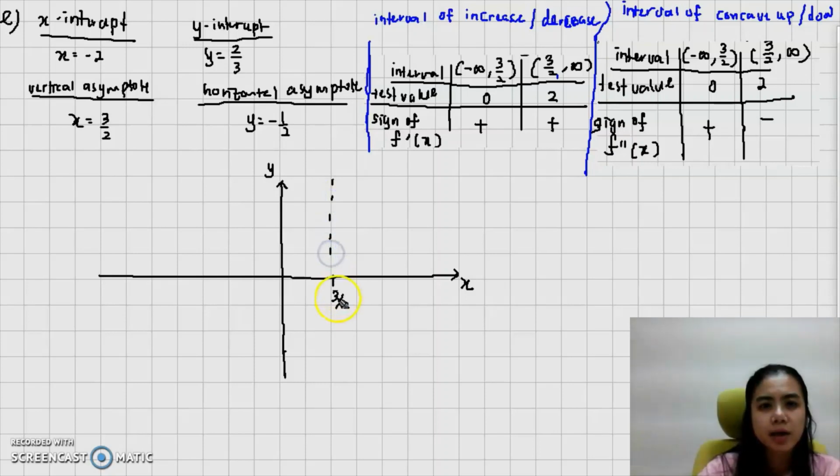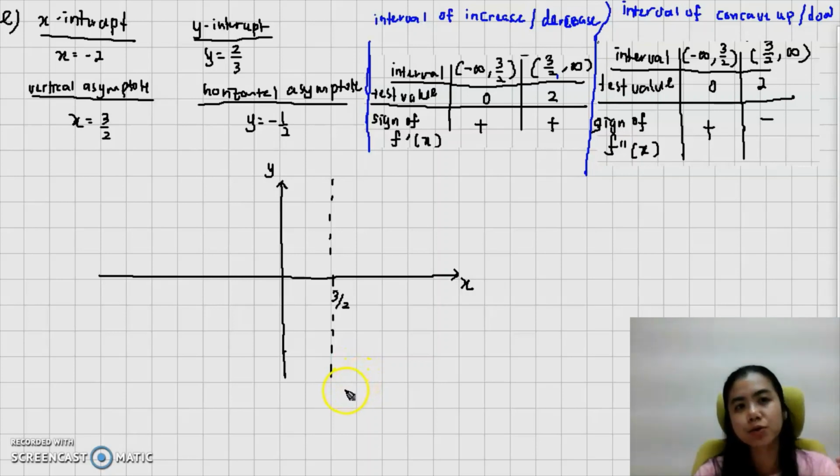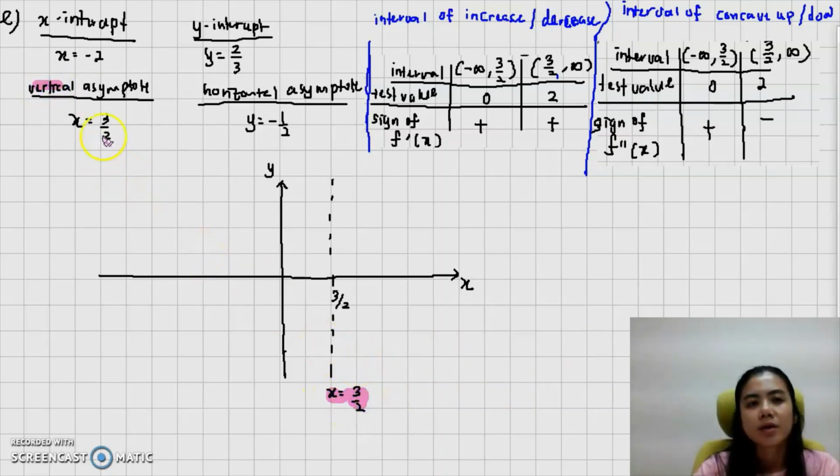The dotted line means that you have an asymptote. An asymptote is a line that your curve cannot pass through. So that is your vertical asymptote.